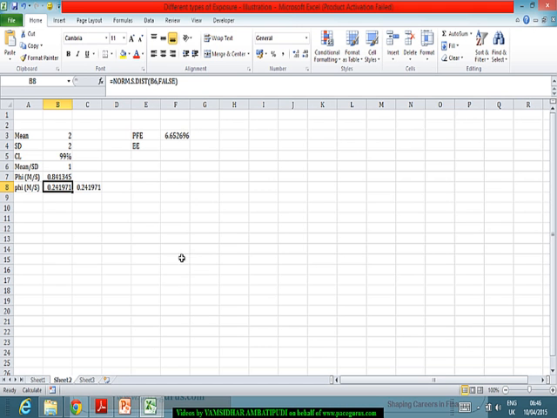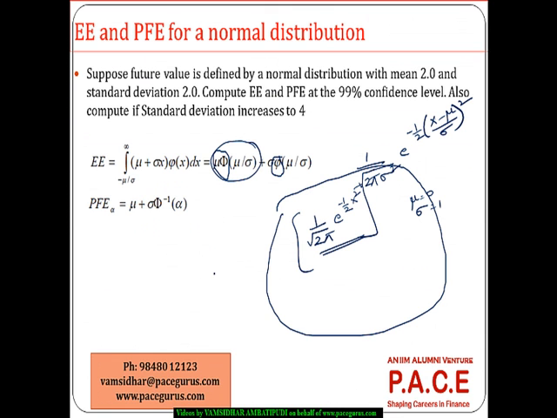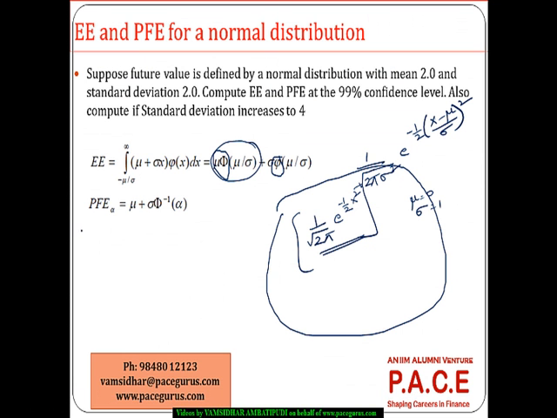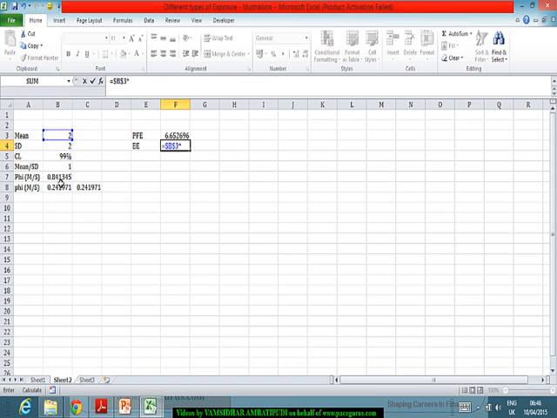So from here I should be able to compute the expected exposure now. What is the expected exposure? Mu times capital phi of mu by sigma, which is this much, plus standard deviation times small phi of mu by sigma.